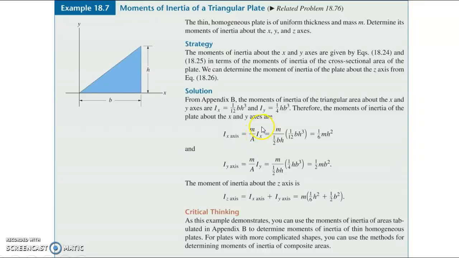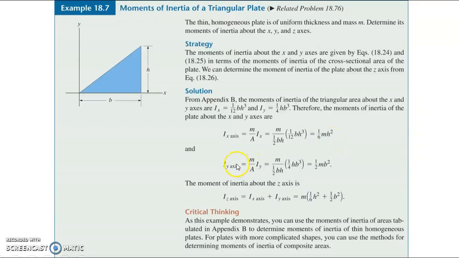So anyway, we can look this up in a table in Appendix B. And if you look in Appendix B, you'll see it written down as 1/12 b h cubed. Then we simply plug and chug, because we know the area of the triangle is a half base times height. Simplifying that, we get 1/6 m h squared.